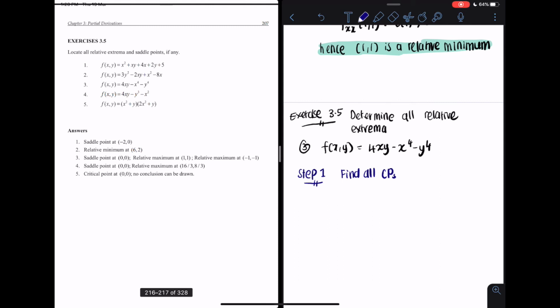In this case, I will get fx equal to 4y minus 4x cubed, fy equal to 4x minus 4y cubed.